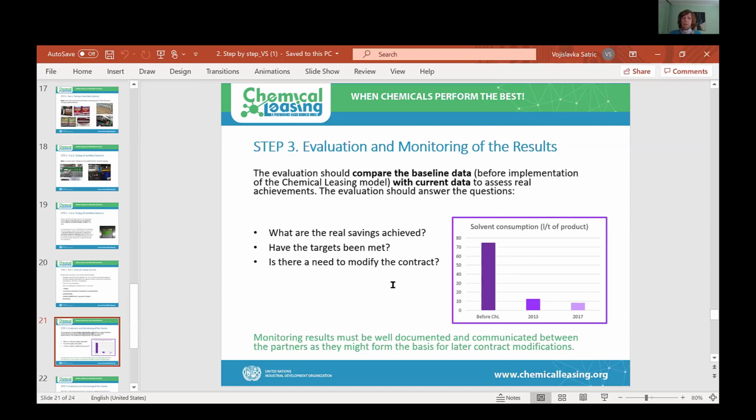And also, it is very important to highlight that monitoring results must be well documented and communicated between partners, and they might form the basis for later contract modifications, but we didn't have such an experience.